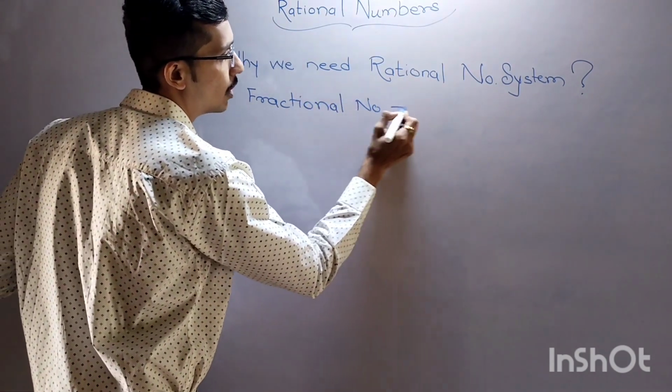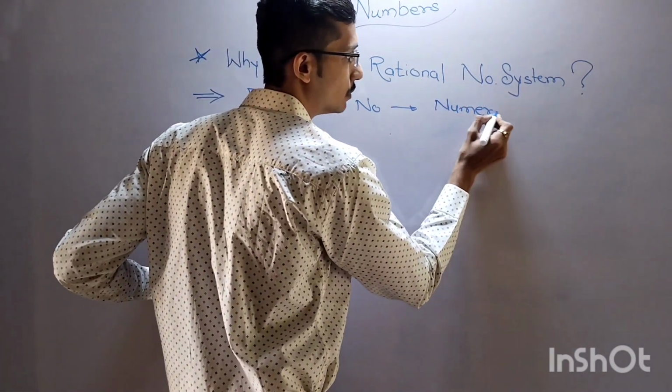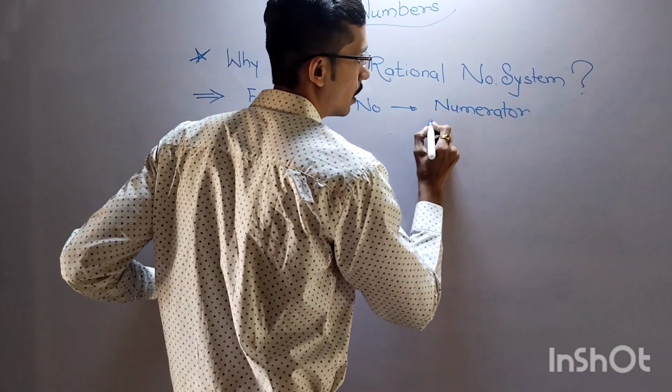The fractional number system contains a numerator and a denominator.